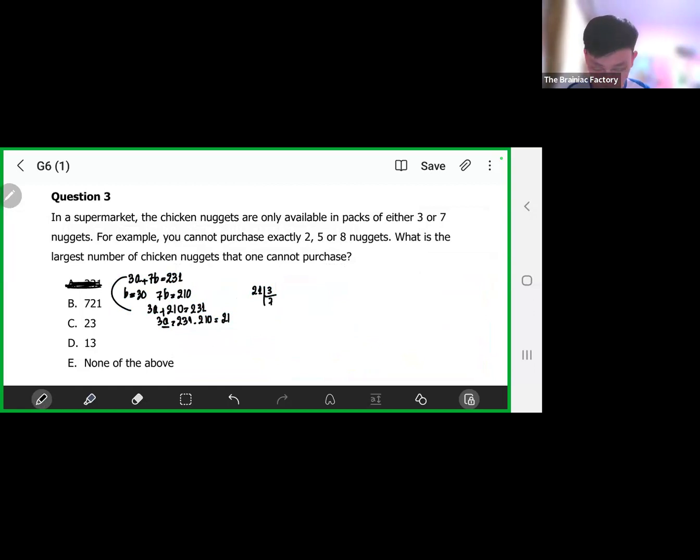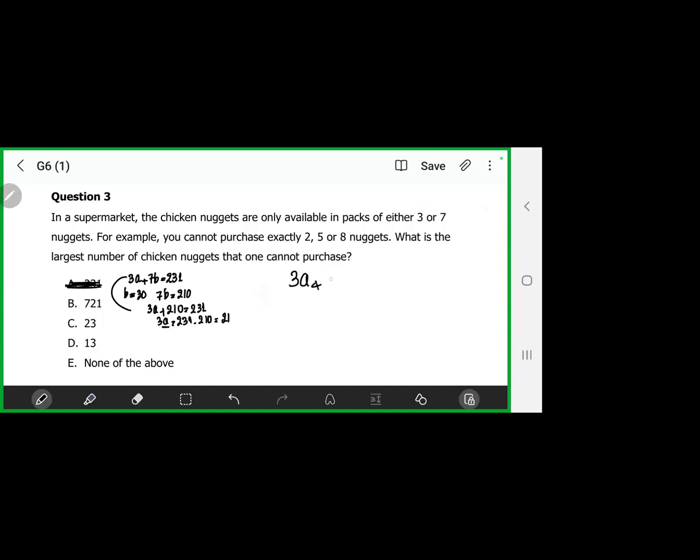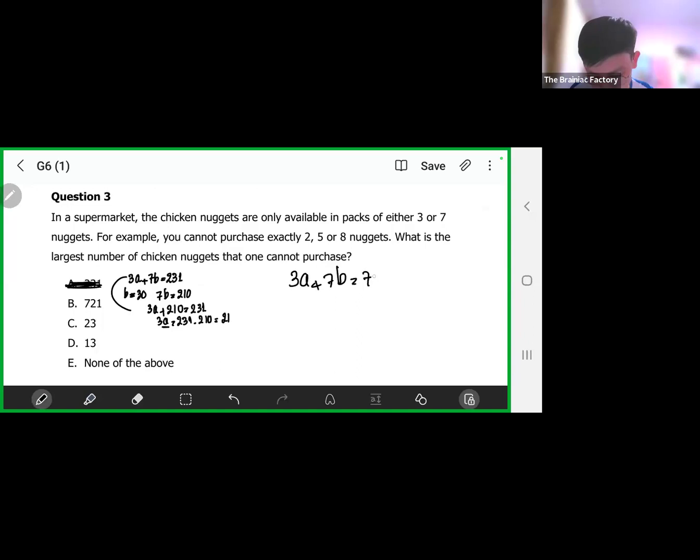Let's try B. 3A plus 7B equals 721. So let's just guess a number. Let B equal 100, so that 7B is equal to 700.